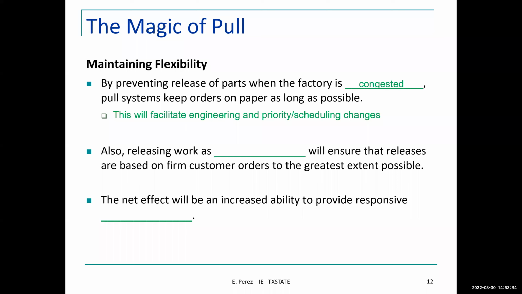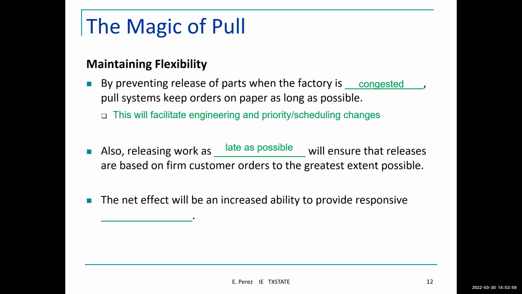The factory is not congested, and you have the opportunity to make scheduling changes. So let's say you got an order, a high importance order, an order that you have to complete right away. You have the flexibility of changing the schedules based on the current status of your system.